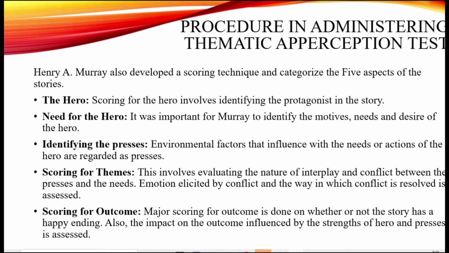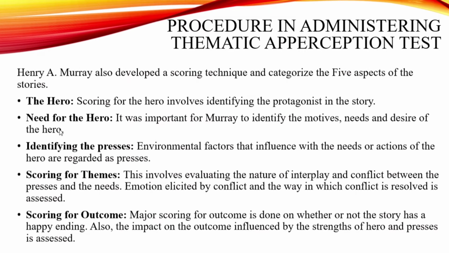Next, Henry A. Murray also developed a scoring technique and categorized five aspects of the stories. First, the hero. The scoring for the hero involves identifying the protagonist of the story, or who is the central figure of the story. Next is the need of the hero.